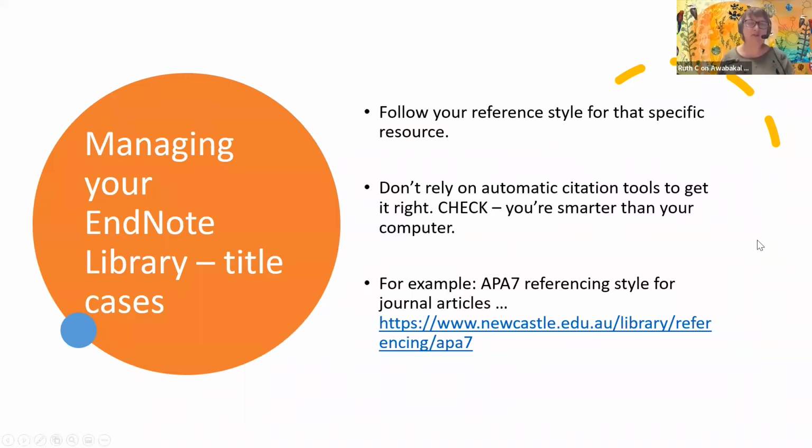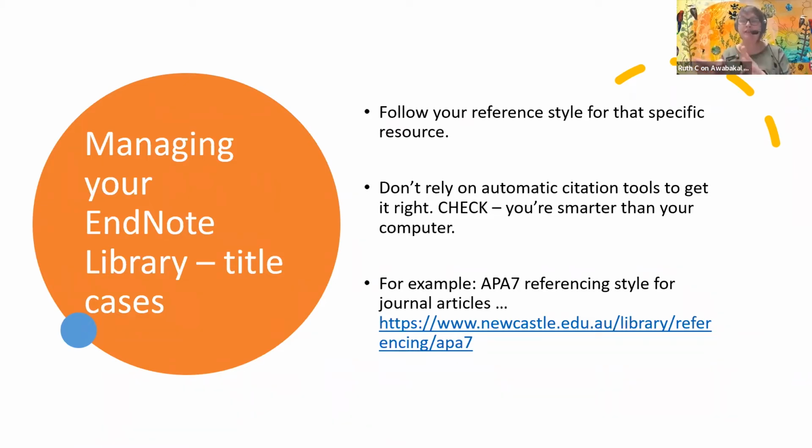So if we move on to our next slide, you'll see that this relates back to what Jenny was just saying about what we call title cases. If you're importing your references into EndNote from databases, some of them won't keep that style consistent, and APA 7 particularly likes to have the first word of the title capitalized, and then the rest in lowercase.